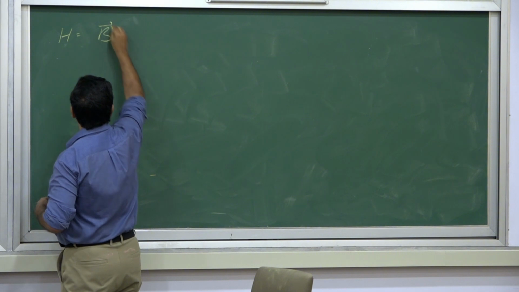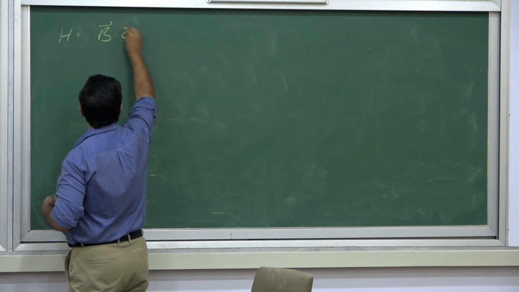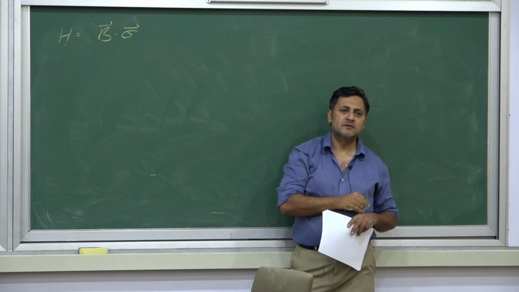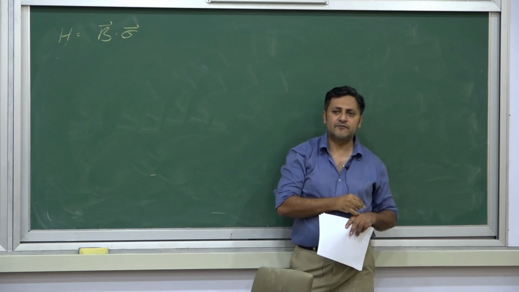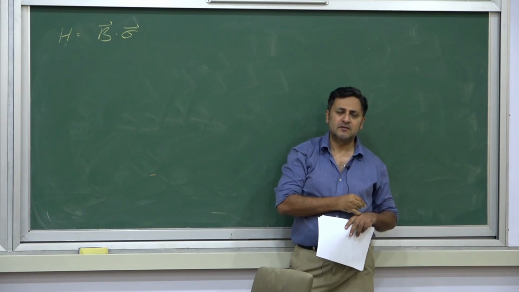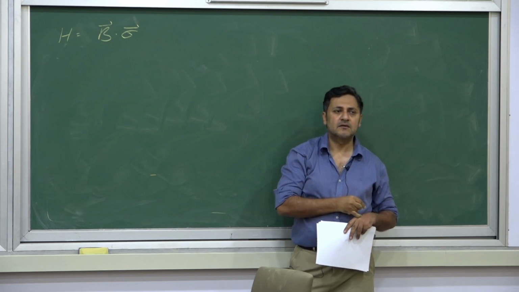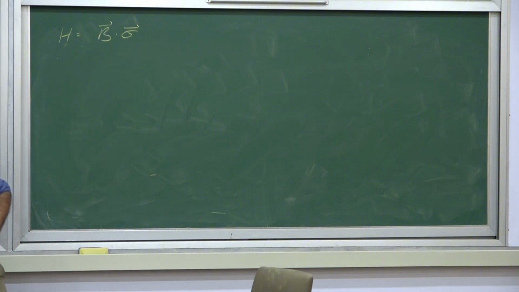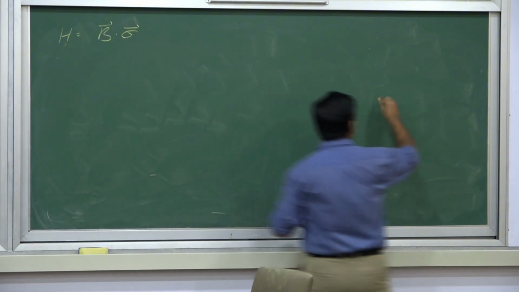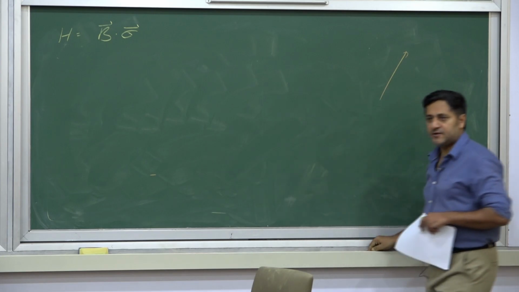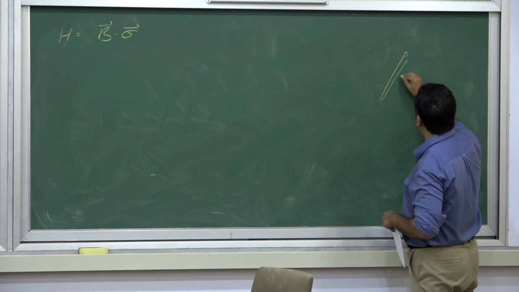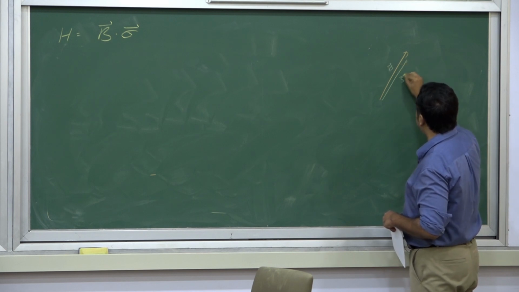For concreteness, you can think of it like this, but it could be anything. In the ground state, the spin is aligned with this field B, and I emphasize it doesn't have to be a magnetic field. It could be any two-level system with this kind of form. This is B, this is S.